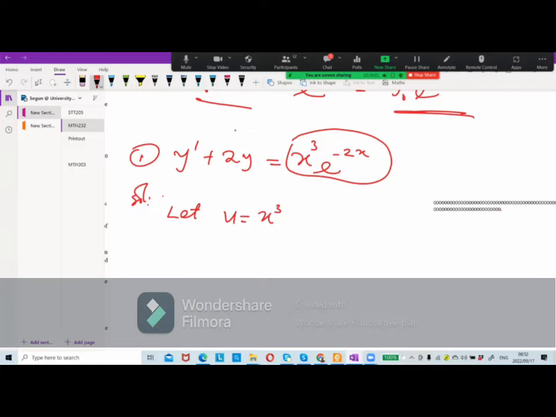Let u equal x raised to power 3. Then I have y prime plus 2y is equal to u exponential minus 2. Do you get it now? Yes, sir.